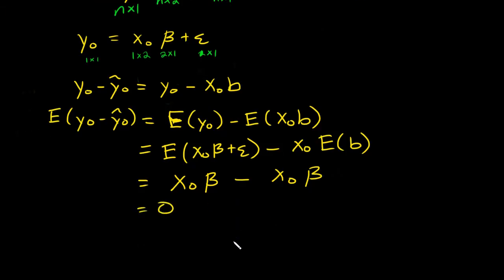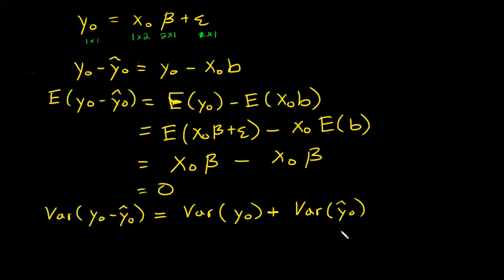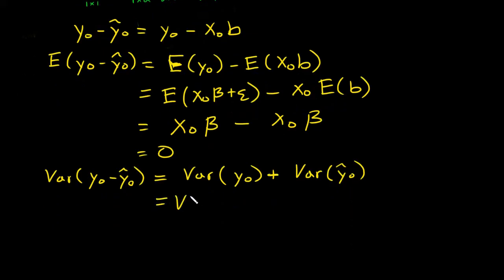Next we can show the variance of these residuals equals the variance of y naught plus the variance of y hat naught. Sorry, when you bring in a variance like that, it changes the sign to a positive. This is the variance of x naught beta plus epsilon, plus the variance of x naught b.